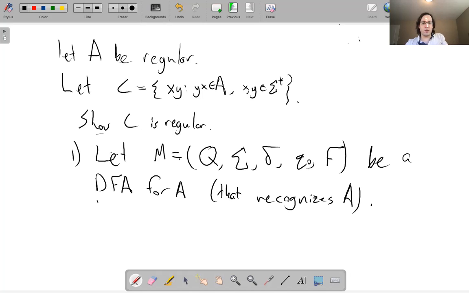So in particular, we know the language of M is exactly equal to A. Okay, so we have such a DFA.